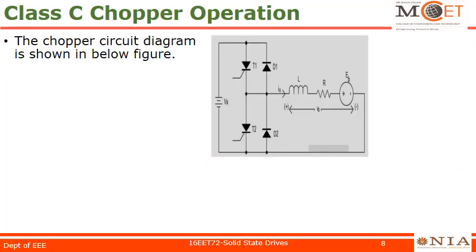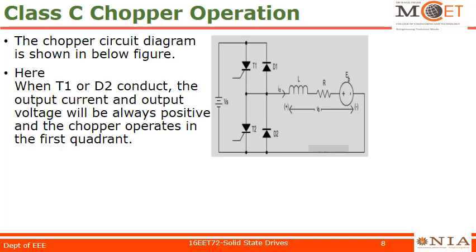Let's see the circuit diagram. Here thyristors T1 and T2 and diodes D1 and D2 are given. It combines class A and class B; when you look at the circuit and refer to the class A and B circuits, you can find the similarities.